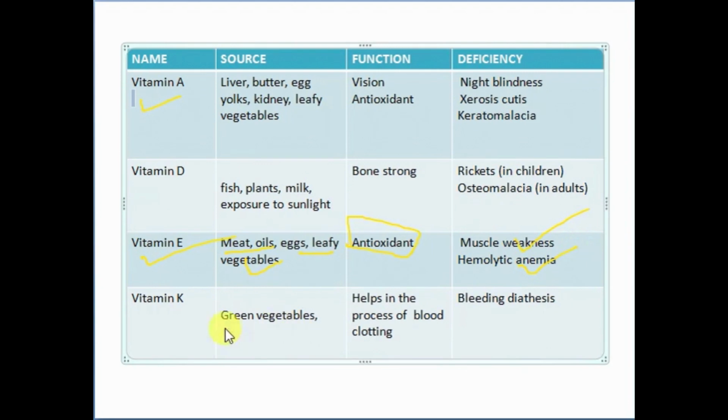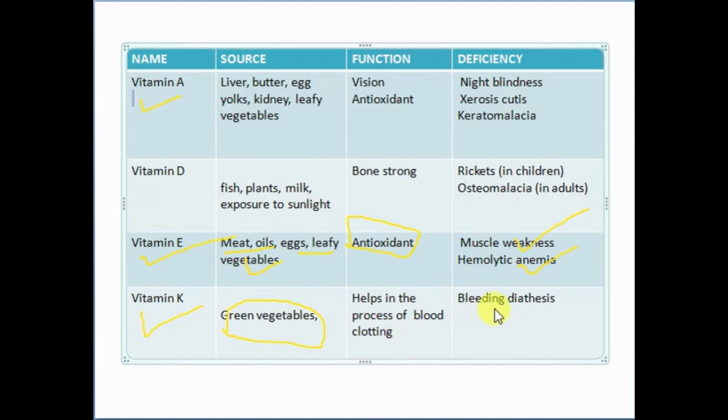Okay, next we have vitamin K. The source of vitamin K is green vegetables, and this vitamin will help in the process of blood clotting. When we discussed the blood chapter, there we discussed that platelets are the clotting factors. And this vitamin K will help in the clotting process.